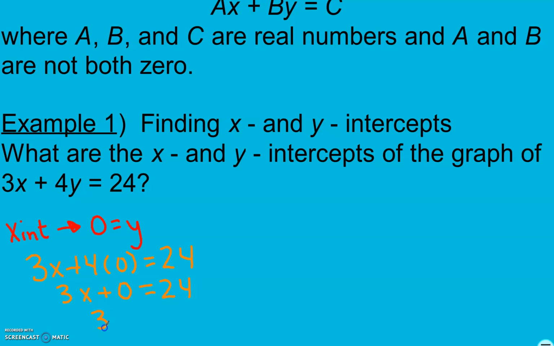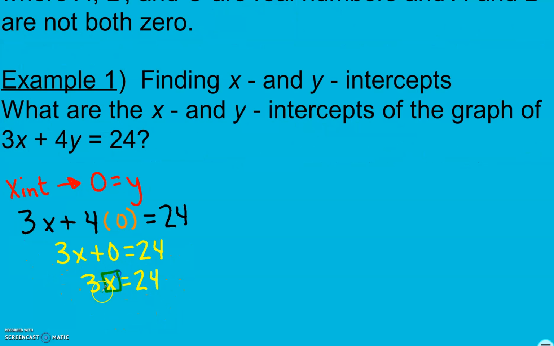Add. And now we can solve. x is being multiplied by 3, so we divide by 3. And this gives me an x, and I want to label it as an intercept because it's a point. It's my x-intercept at 8. If we write that as an ordered pair, x is 8 when y is 0.